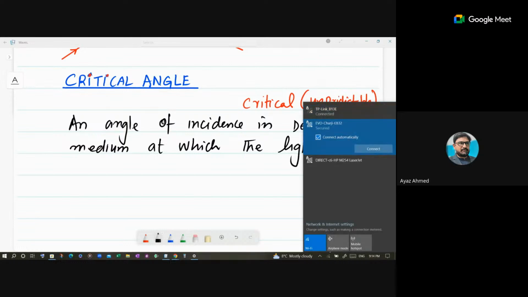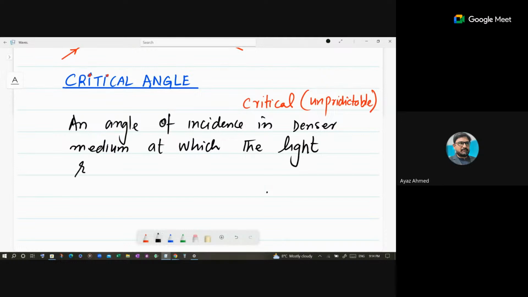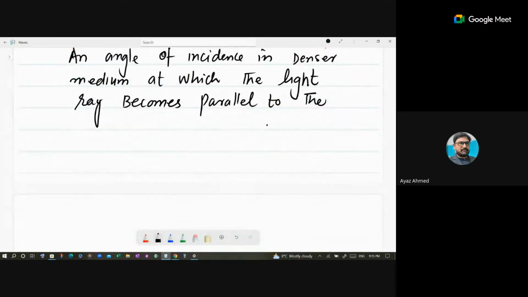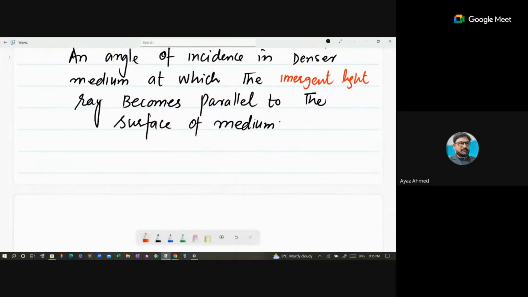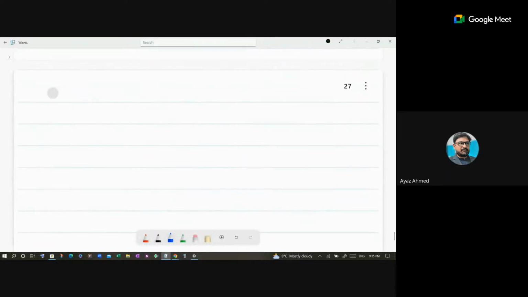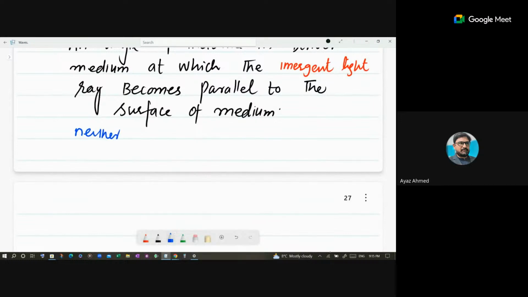Parallel to the boundary means neither does it go out, nor does it come in. So neither refraction nor reflection takes place at that angle.